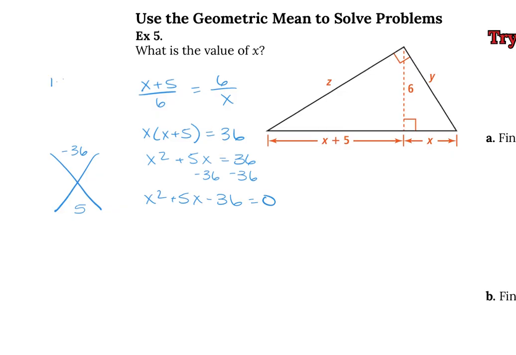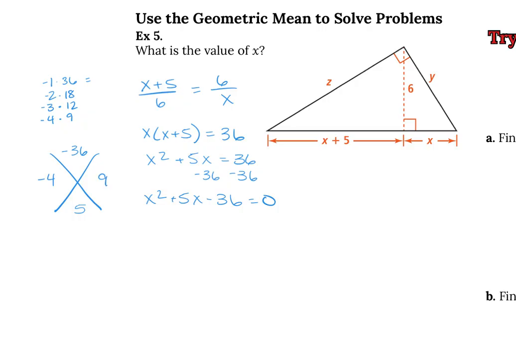So 1 times 36, 2 times 18, 3 and 12, 4 and 9. Okay, so 4 and 9, if I add those together, negative 4 and positive 9, that would give me 5.